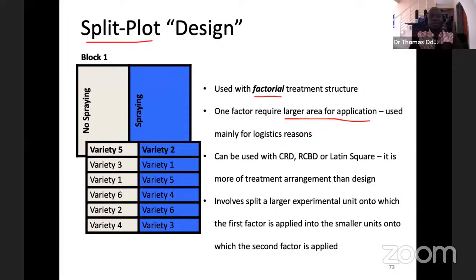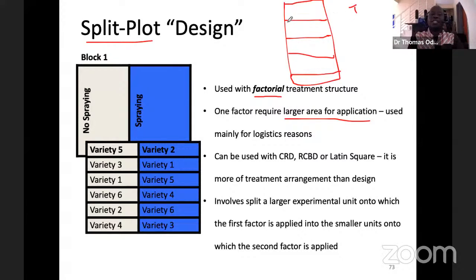Okay, so let's say here we have a block, and this block has different plots. Let's say we are testing 5 methods of cultivation, of tilling land, and one of the methods is using a tractor.